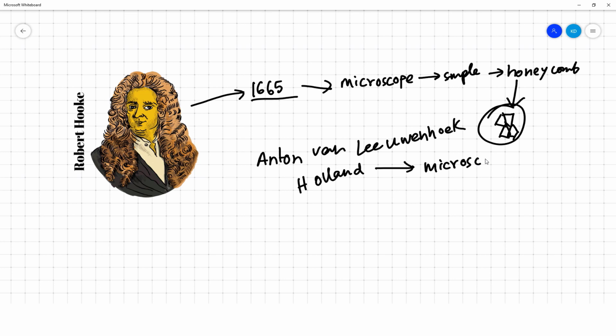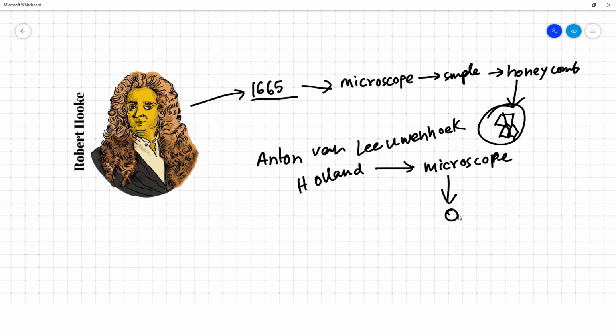He made this microscope himself. It also had simple lenses, but he was so good at it that his microscope was more powerful than the other microscopes of his day.